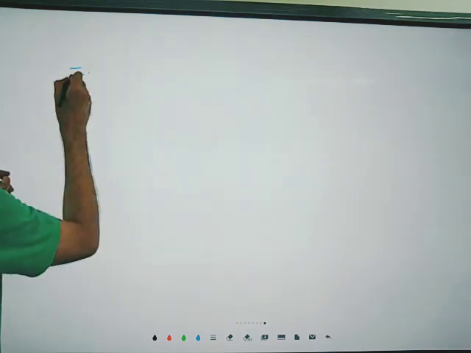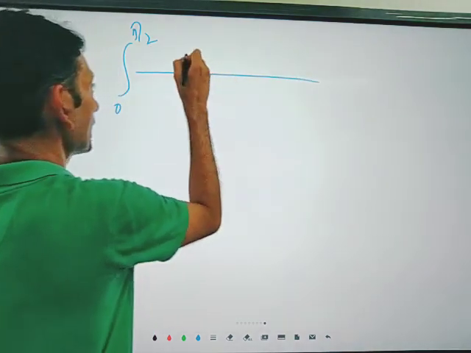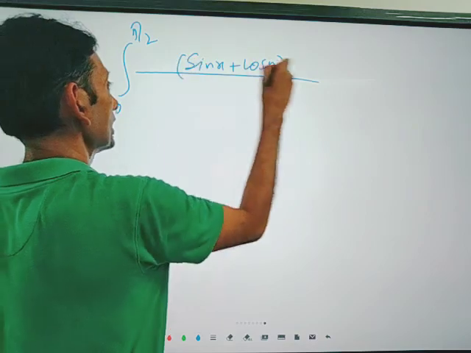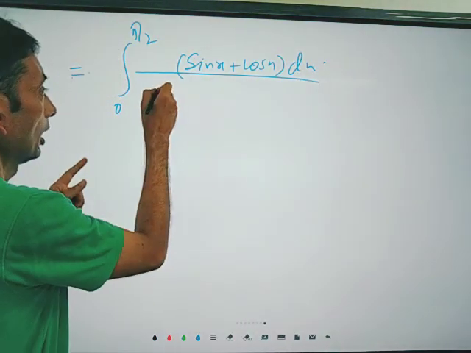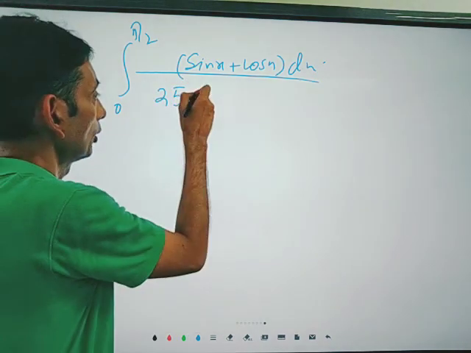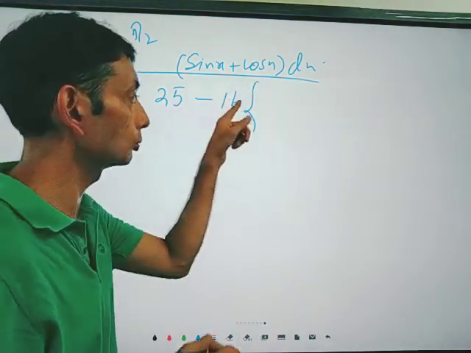Integral of sin x plus cos x dx. The first term is 25, and we have taken 16 common, and now this is 1 minus 2 sin x cos x.